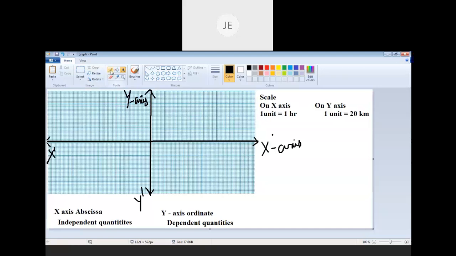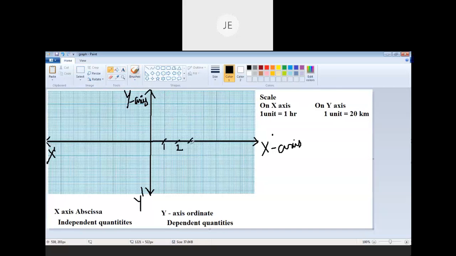See this, there are some thicker lines other than the thinner lines. This is called 1 unit, and another second unit, and third unit.